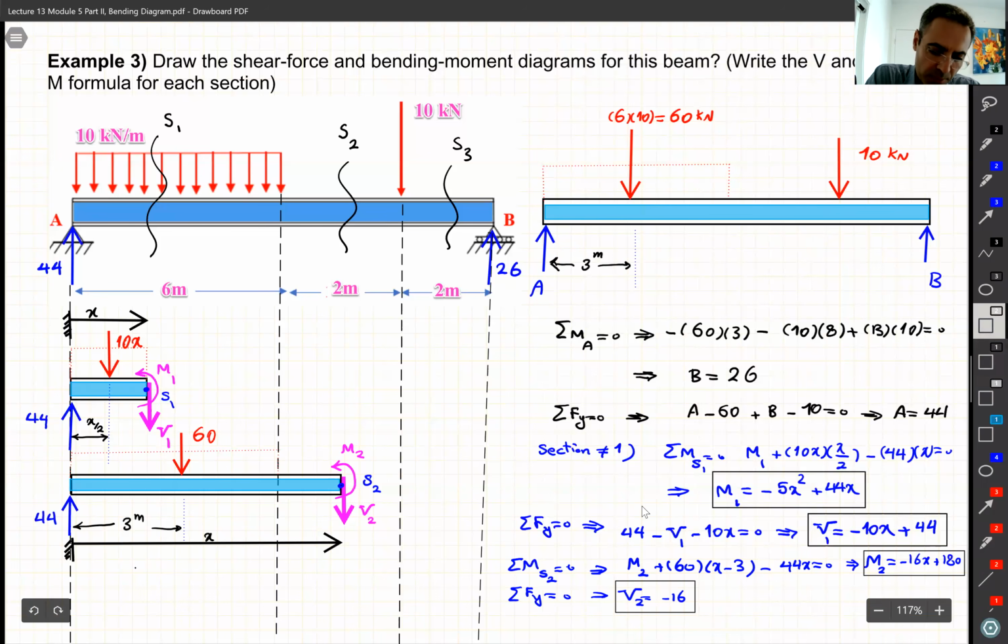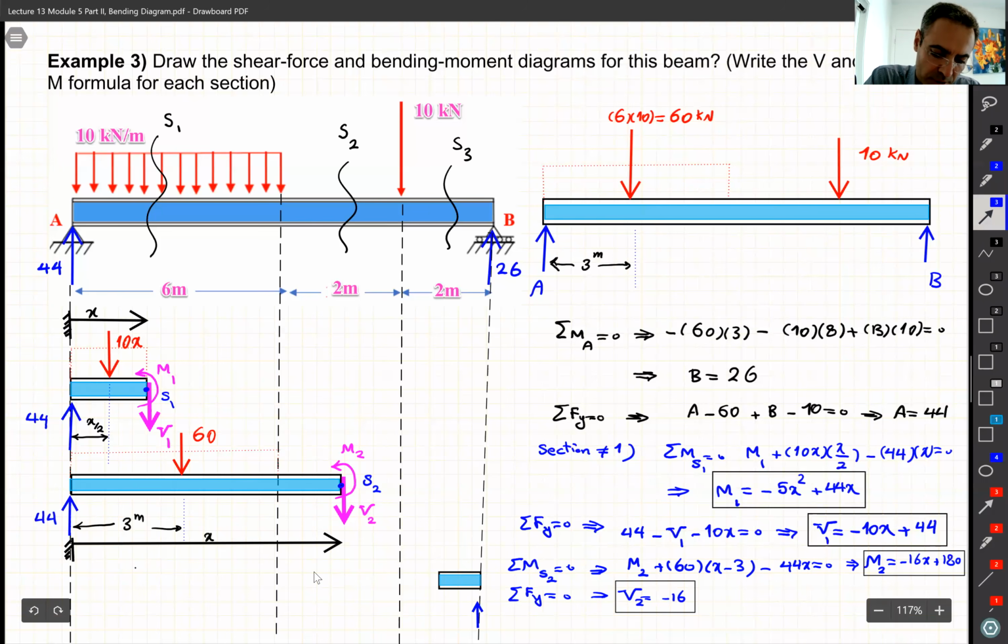last part, but this time it's wise to take the portion on the right side. Again, if you are comfortable taking the portion on the left, that's totally up to you. You're gonna get the same result, but I prefer the portion here.